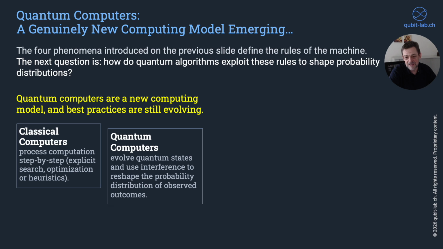What we can say is that classical computers process computation step by step, and quantum computers evolve a quantum state and use interference to reshape the probability distribution of the outcomes towards a desired result.